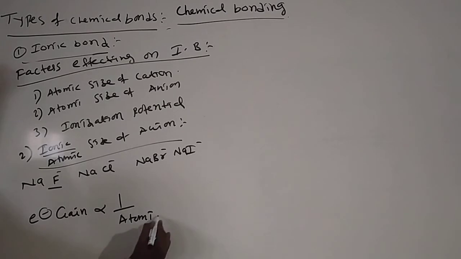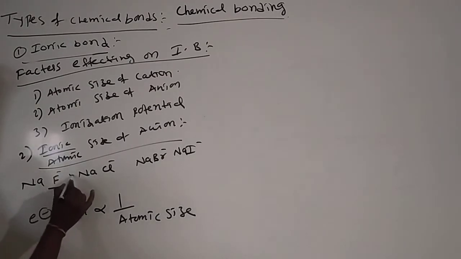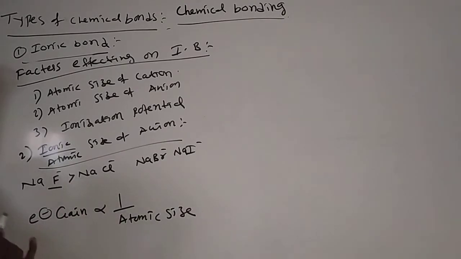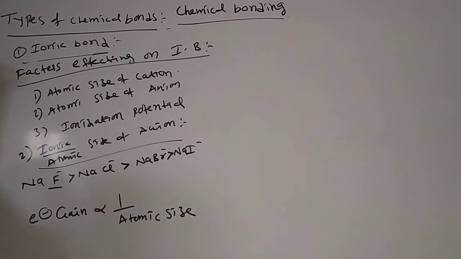Fluorine gains fastly as its atomic size is less. So sodium fluoride is more ionic, then sodium chloride, then sodium bromide, then sodium iodide.